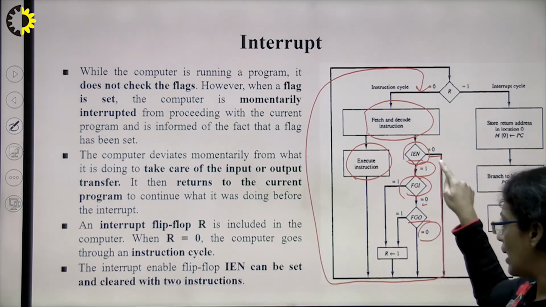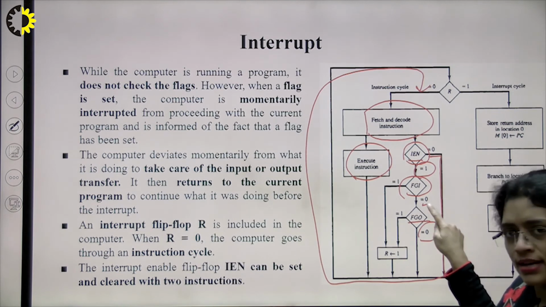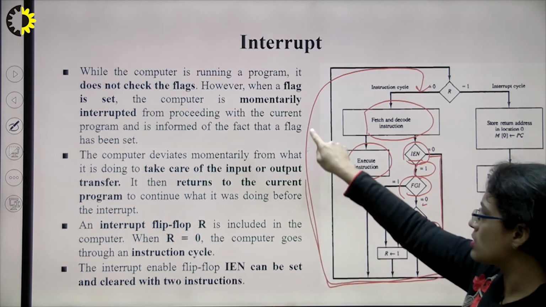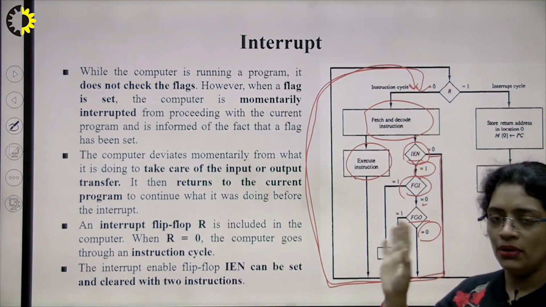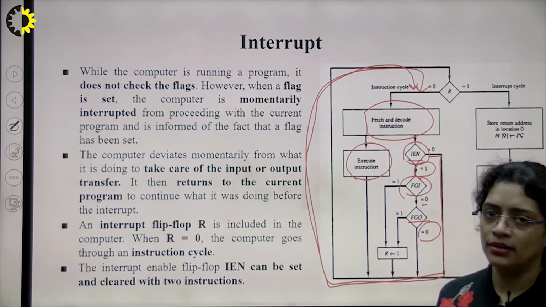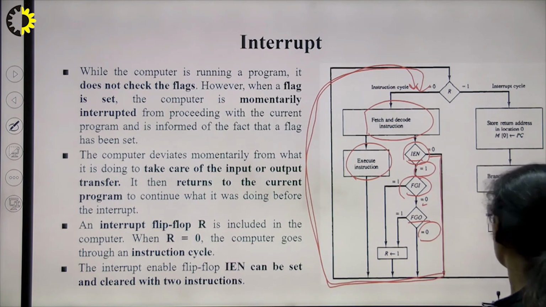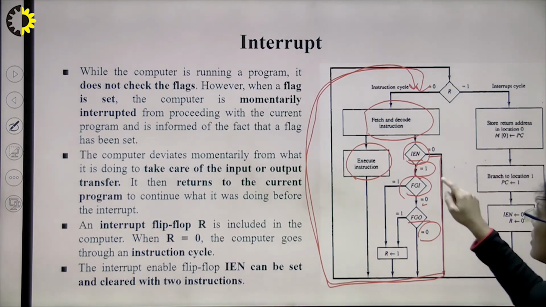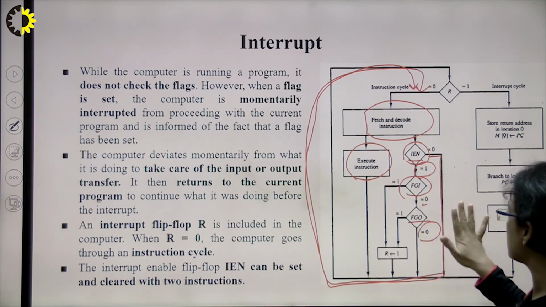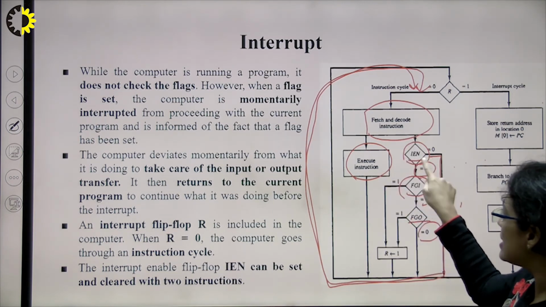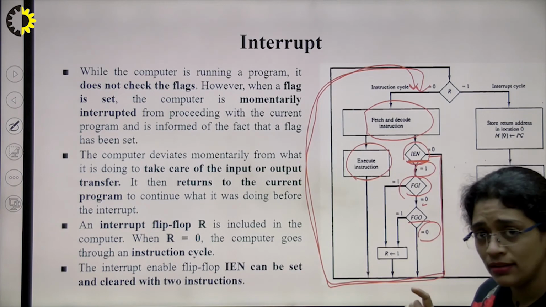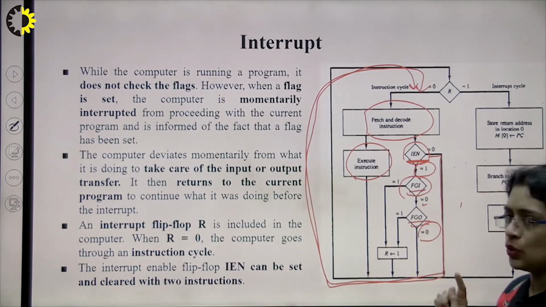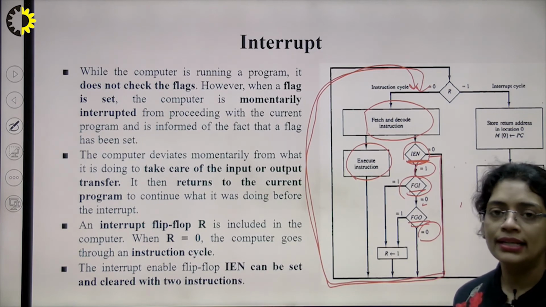So with IEN 0, FGI 0, FGO 0, in all these cases we just process the instruction normally. There is no change and no interrupt. But what if IEN is 1 and either FGI or FGO is 1? Then in that case there is an interrupt.